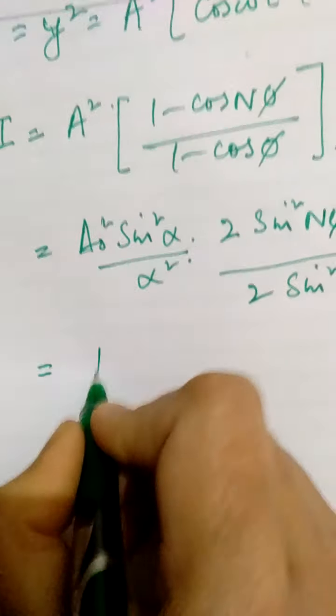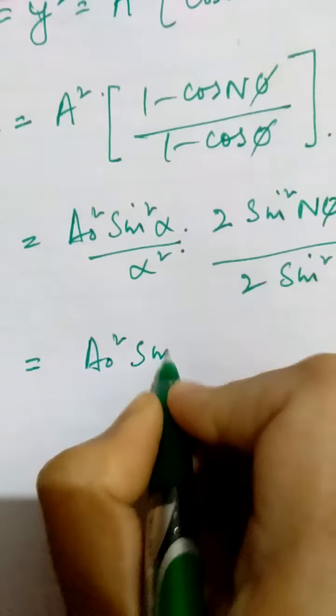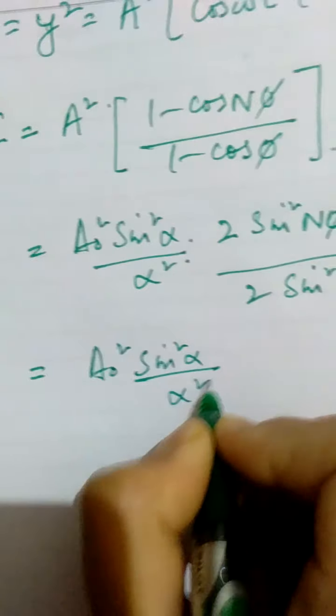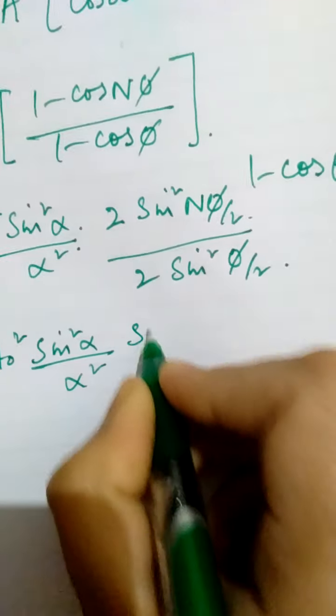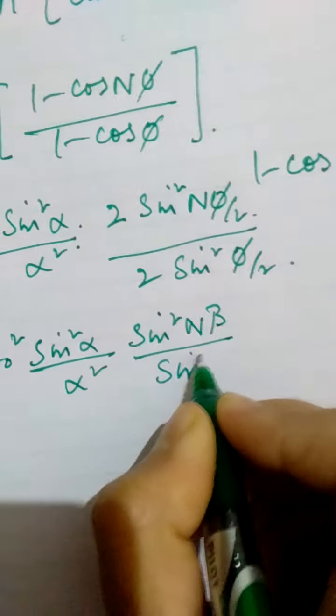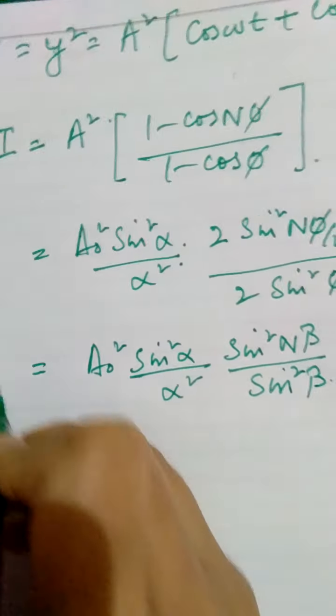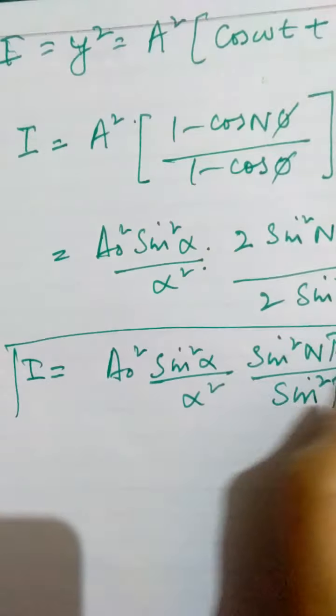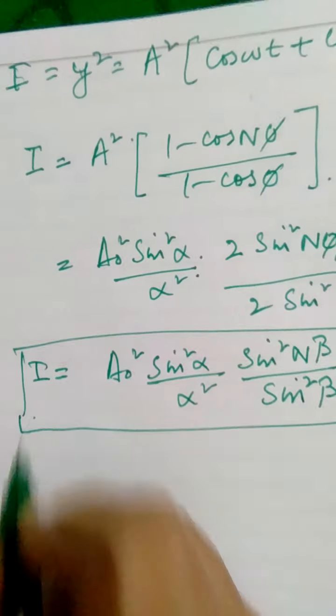So if you recall, what is this phi by 2? This phi by 2 is actually beta. So this is A naught square sine square alpha by alpha square. 2 and 2 will go. You are left with sine square n beta by sine square beta. This is the resultant expression of intensity due to n slits on a screen.